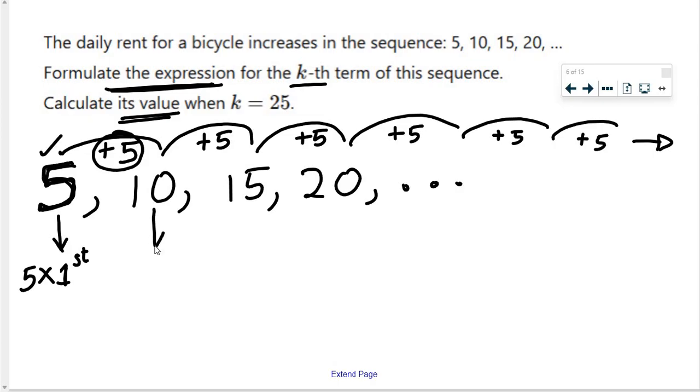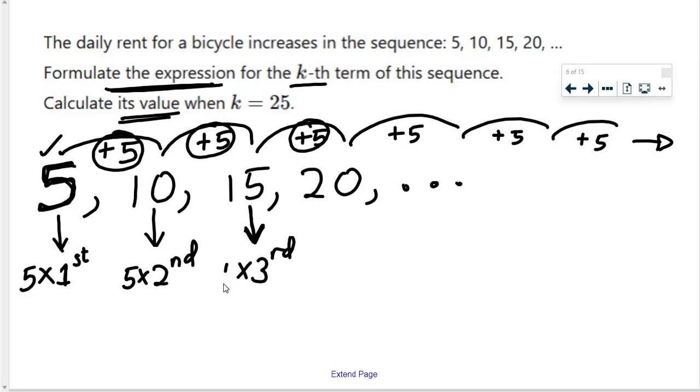To find the second term, we take this number again, 5, into 2. 5 into 2 is 10. To find the third term, we take this number into 3.